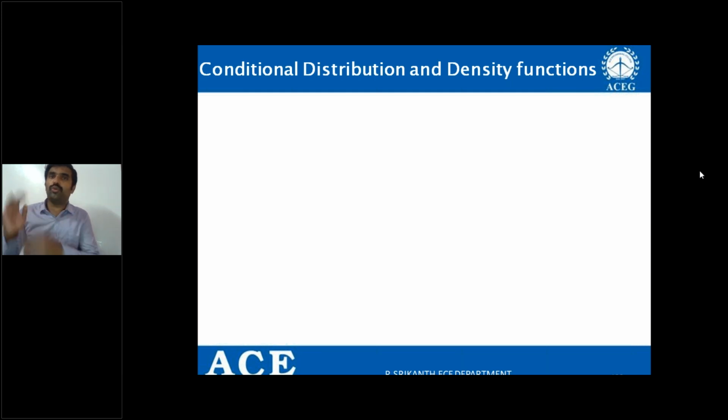So now let us move on to conditional distribution and conditional density function.